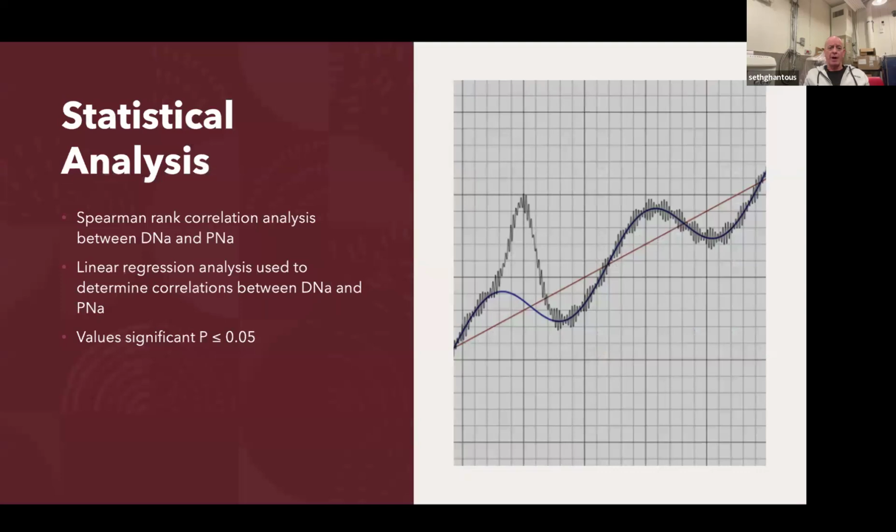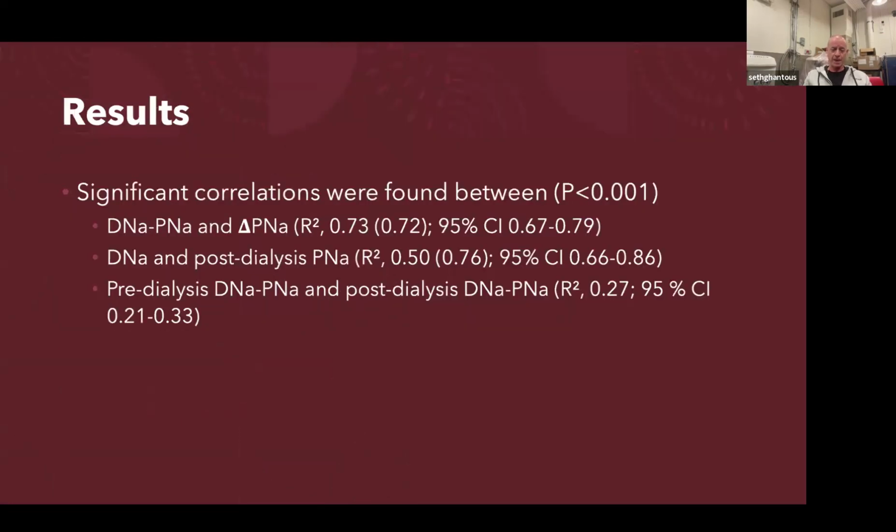Statistical analysis was by Spearman rank correlation between the DNa and PNa, and linear regression analysis was used to determine correlations and the best fit, with values significant at a p-value of less than or equal to 0.05. Significant correlations were found in each of the groups that were looked at.